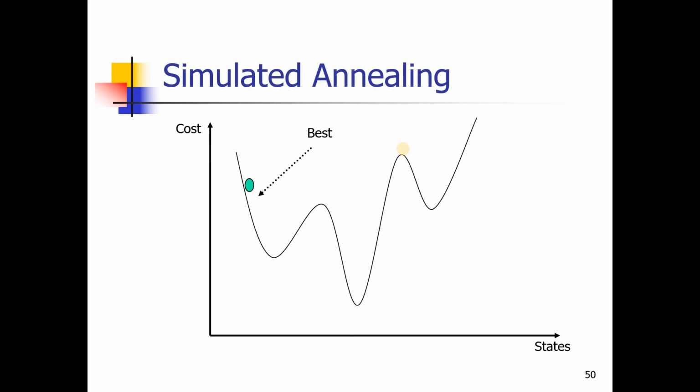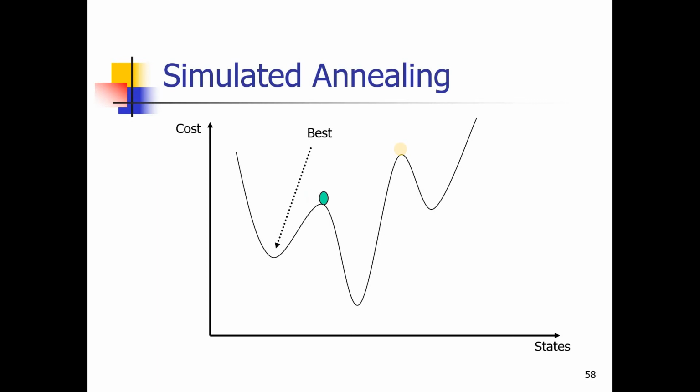You keep a record of your best value, but you allow randomly selecting different states in the neighborhood. Maybe their value is bad, you allow it. So you keep track of the best value and you allow going a little bit away from the best value. You search in the neighborhood even if the values are not so good. The state evaluation is not so good, still you allow selecting it.